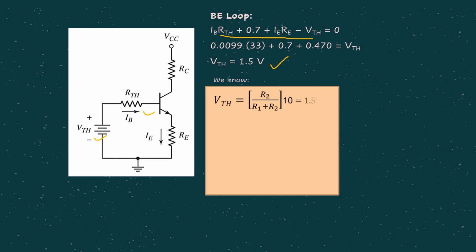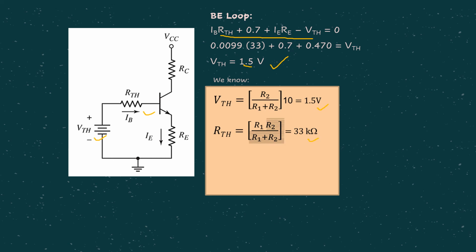Then in this particular example we know that VTH is given by the voltage divider, where we can calculate VTH. You substitute accordingly, but in this case we don't know the values of R1 and R2, times the VCC, which is 10. So we know that VTH is 1.5 volt. Then it's given that RTH is 33 kilo ohm.